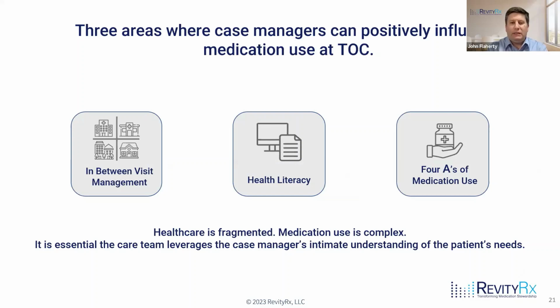And I want to just start by saying that this is not to place more work on the case manager. This is more of a means to help prioritize what work we should be focusing on. There are simply too many transition of care coordination activities that the case manager needs to resolve.